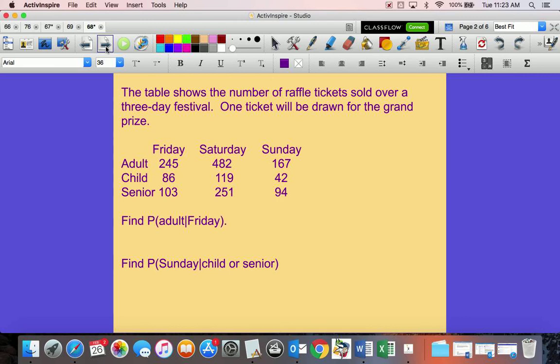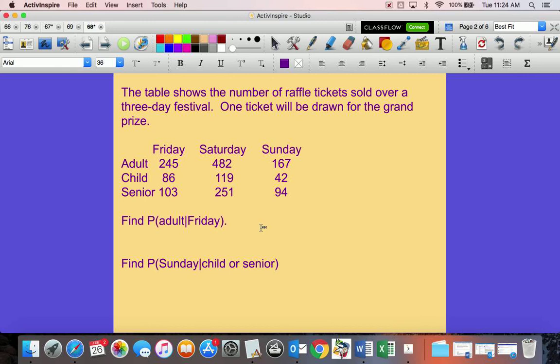So we have a table here that shows the number of raffle tickets sold over a 3-day festival. One ticket will be drawn for the grand prize, and we have a chart that shows the different categories on each one of the days. All right, down here we have a couple questions. It says find the probability of adult/Friday. Now how we deal with that is, just like any probability, we have a number on top divided by a number on the bottom.